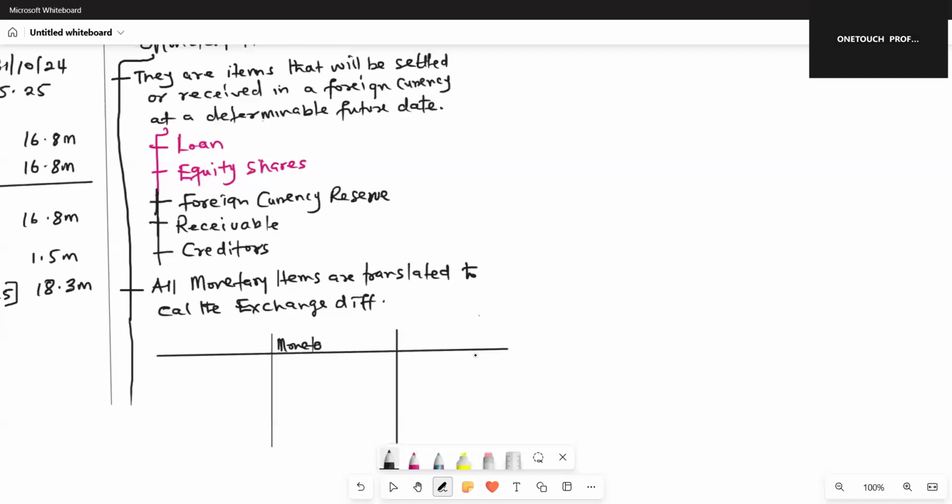If you have a monetary asset and it's increasing, that is the translated value is more than the current amount, then it's a gain, right? If you have a monetary asset and it's decreasing, it's a loss.